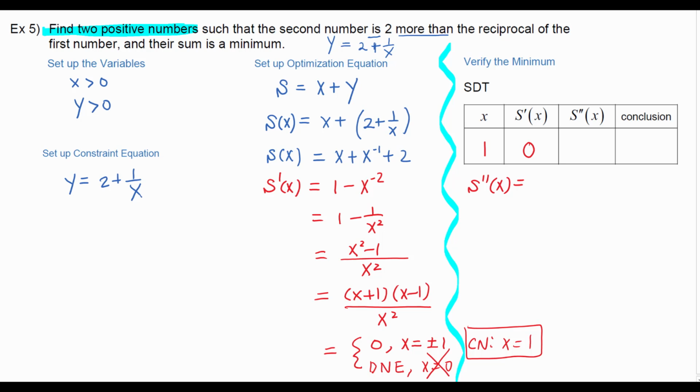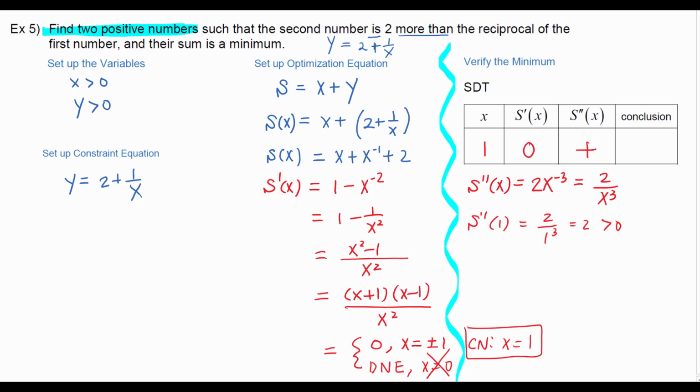Derivative of negative x to the negative second power: the negative second power comes down, and it becomes positive 2x to the negative third power, which is 2 over x cubed. So s double prime of 1 is 2 over 1 cubed, which is 2, which is a positive number.